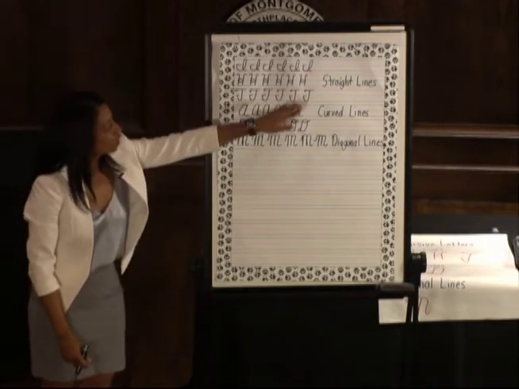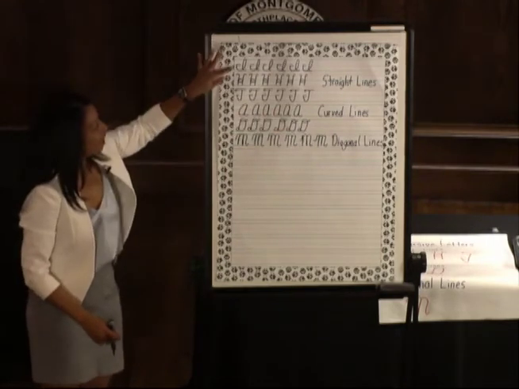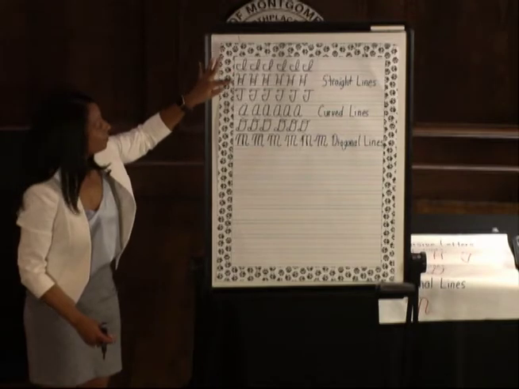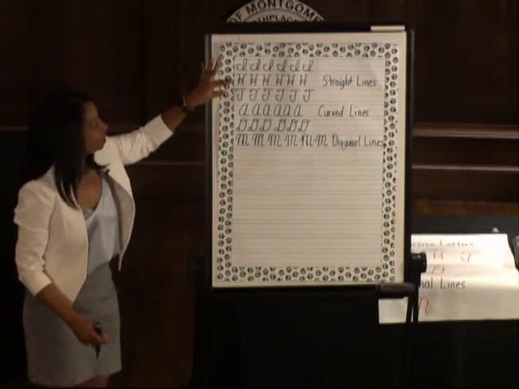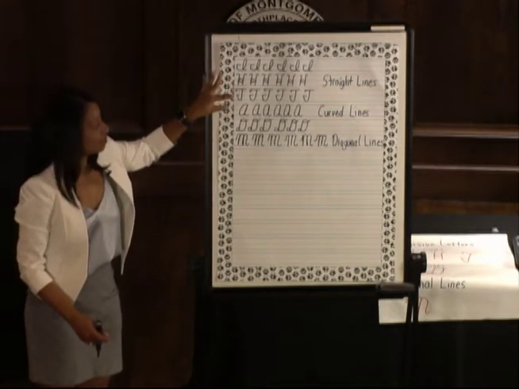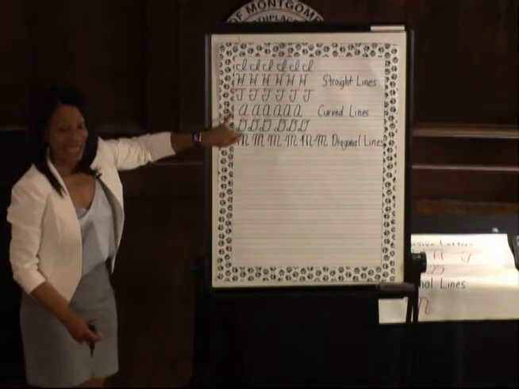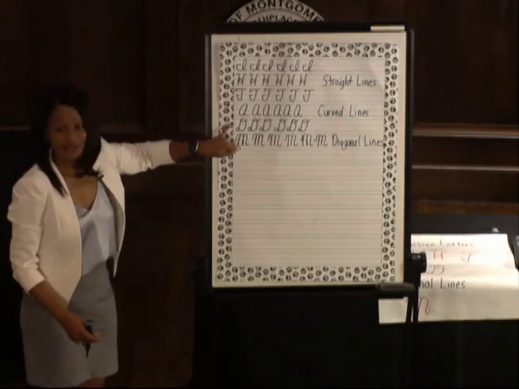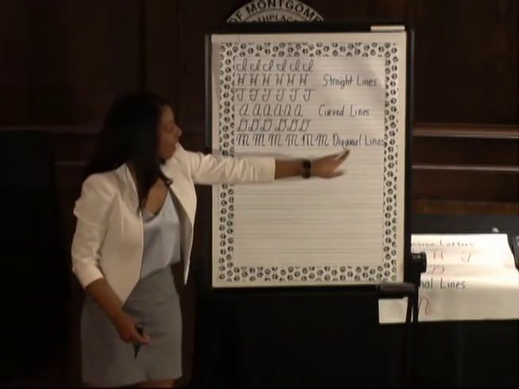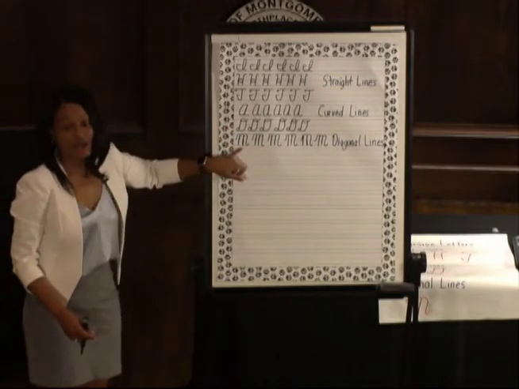Straight lines, we did 3, which is the capital letter I, uppercase H, uppercase T. Curved lines, we looked at uppercase A, uppercase D. Diagonal lines, we looked at the uppercase M.